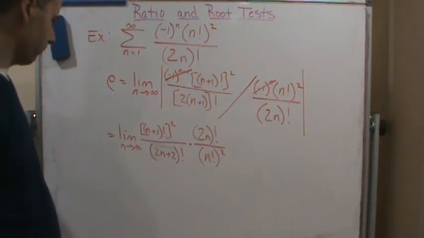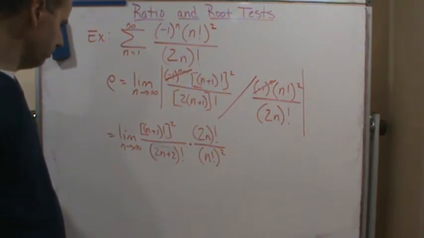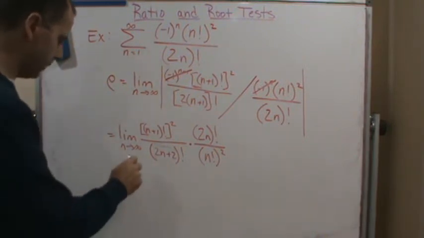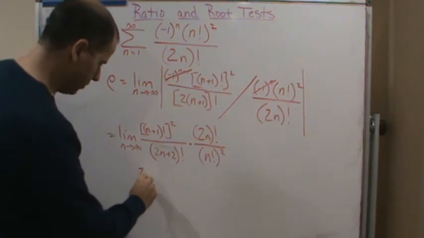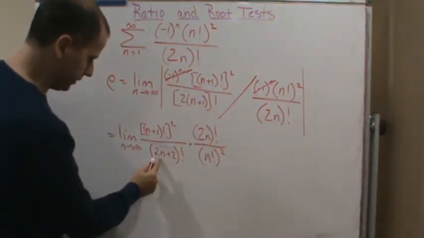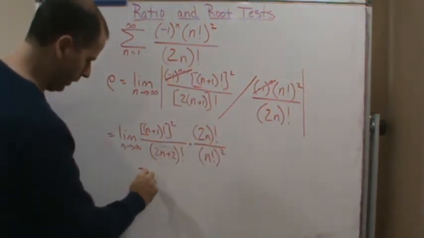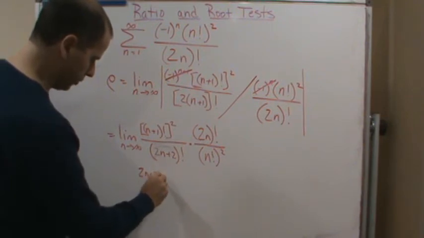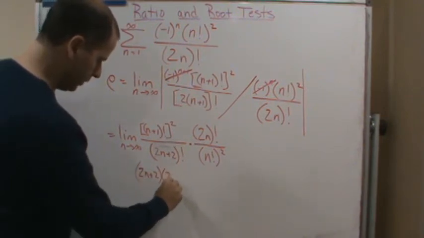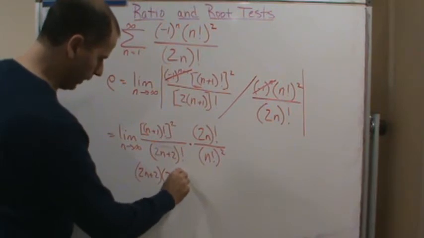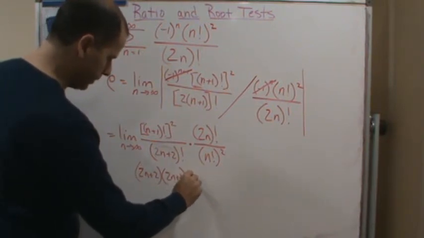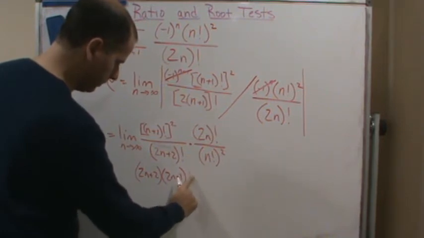Now, this here, I'm going to rewrite, because here I got 2n factorial and this is (2n+2) factorial, so I can write this as (2n+2) times (2n+1) times (2n) factorial.